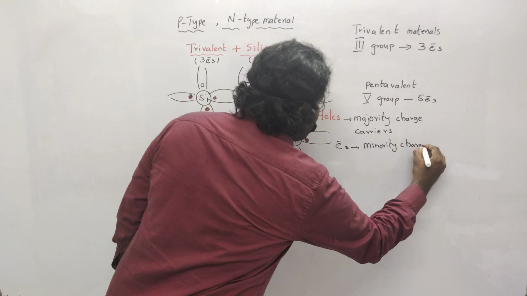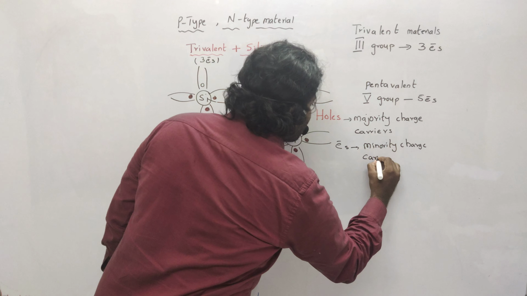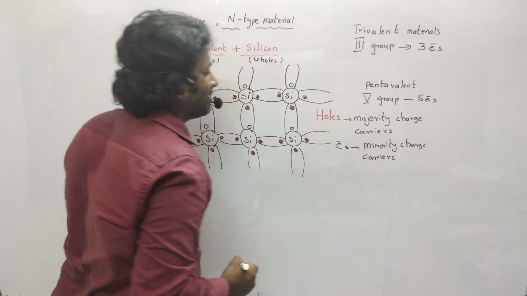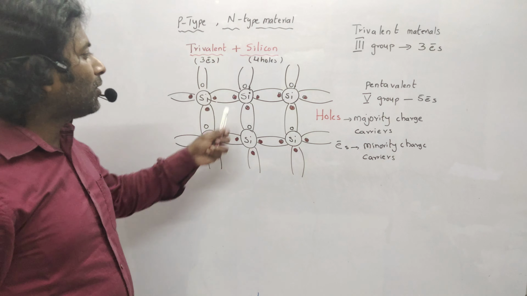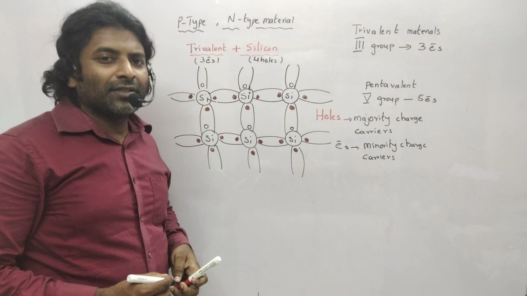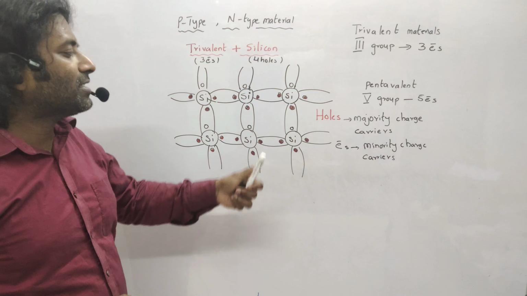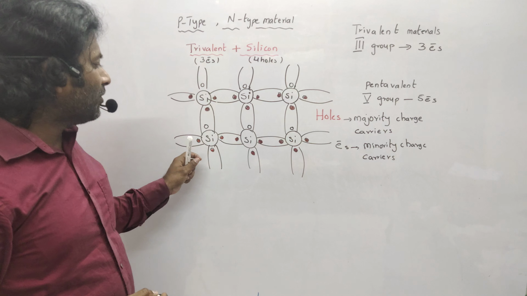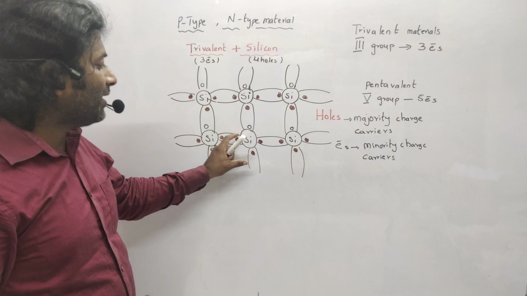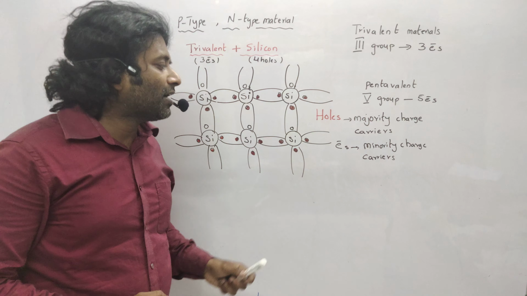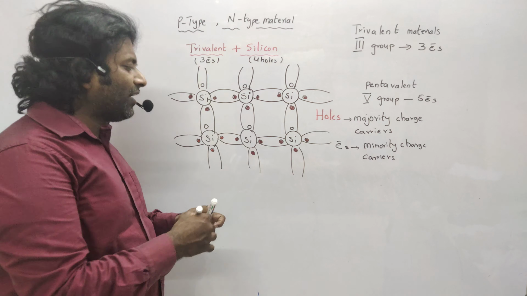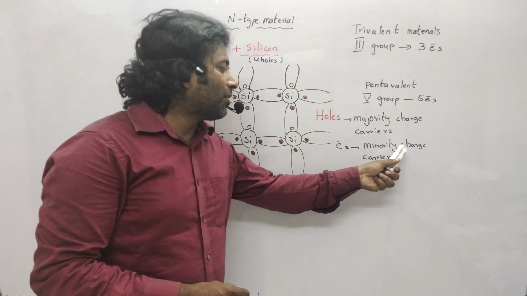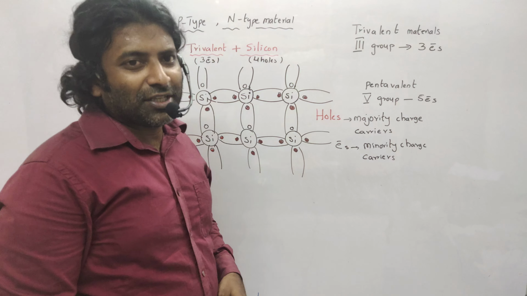Here holes remained unbonded, so more holes are present. A very small amount of electrons will not be bonded somewhere. Therefore electrons are also available, but very few. So electrons are minority charge carriers.